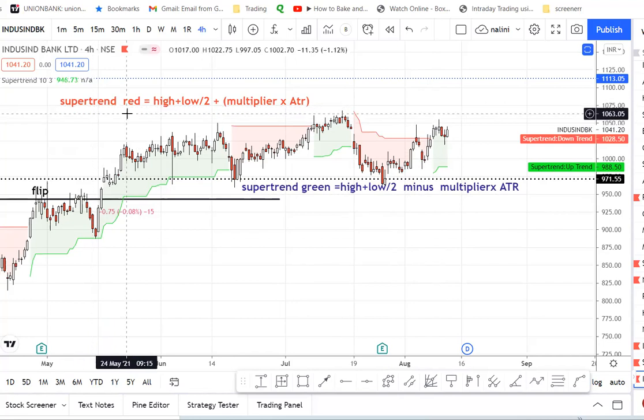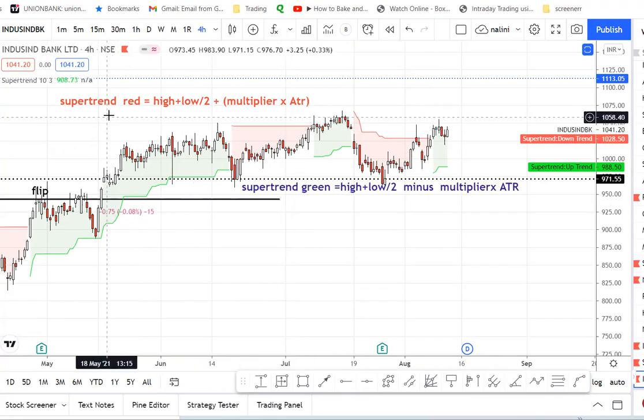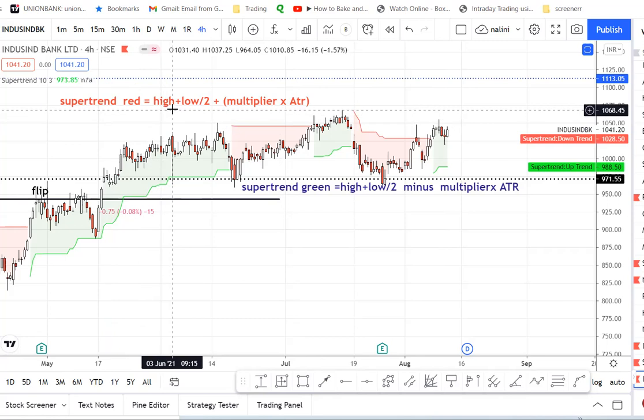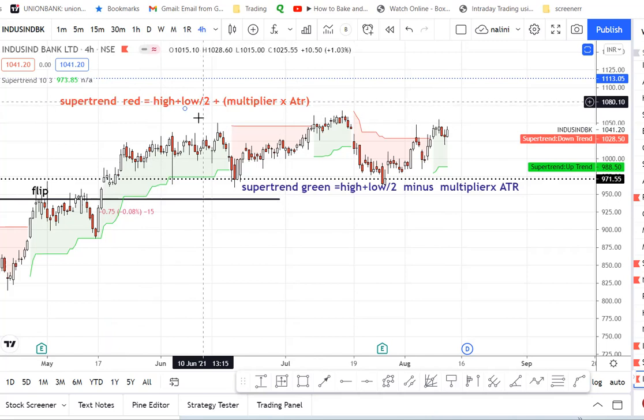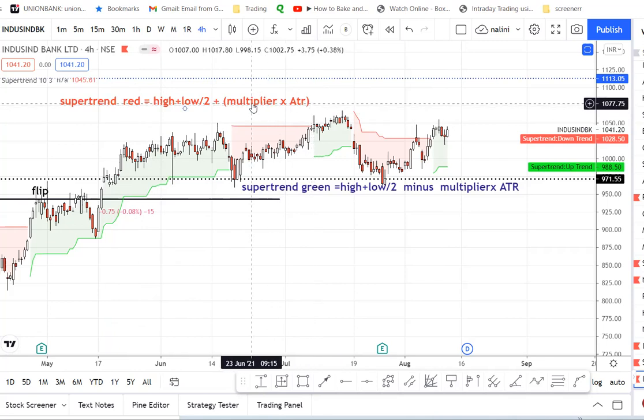Suppose it is a red super trend, which plots the sell signal as well as the resistance. For the red signal, we calculate the high plus low divided by 2, and it is added with the ATR multiplied by the multiplier.